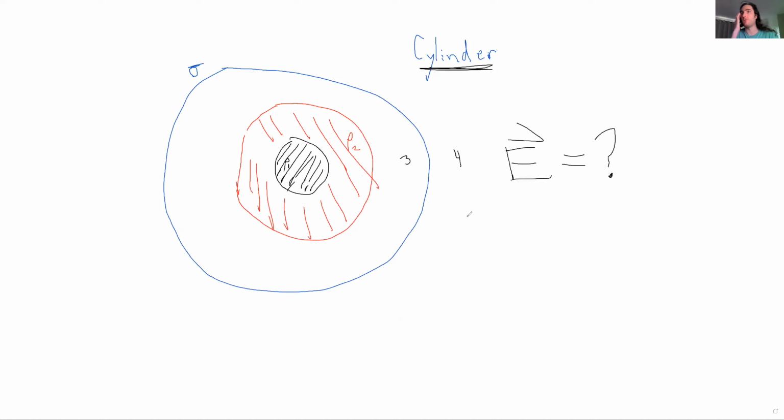We have 4 different regions where we might want to know the electric field. If we were going to use Gauss's law to get the electric field here, what would be the approach? Think about that answer.